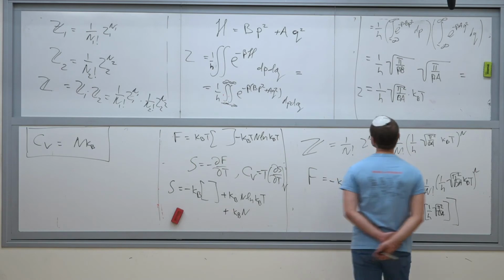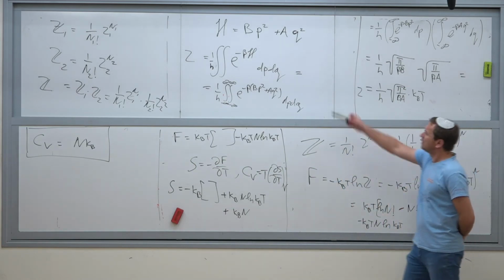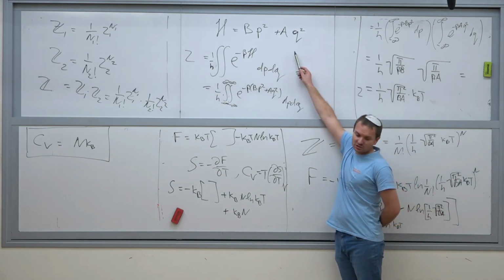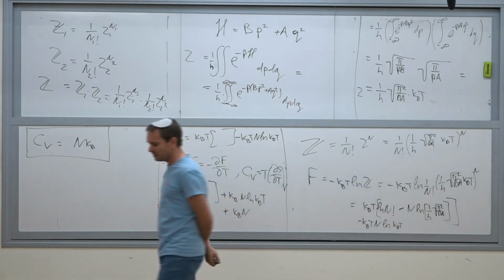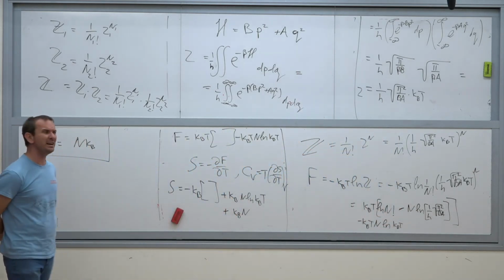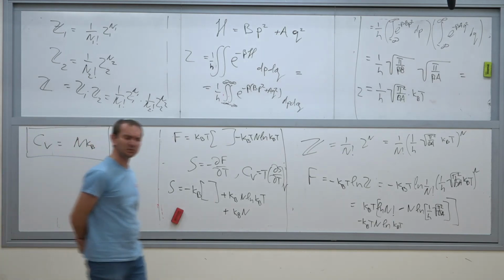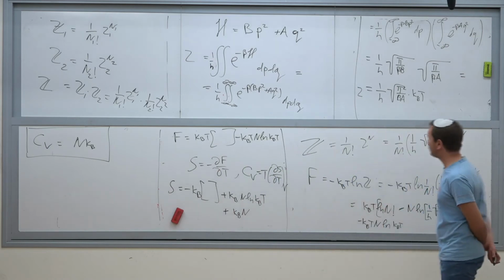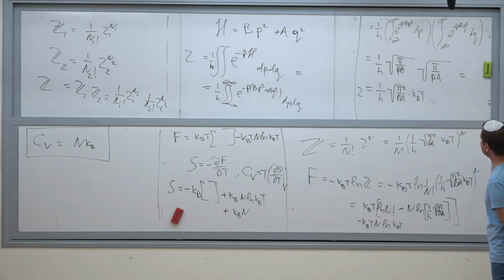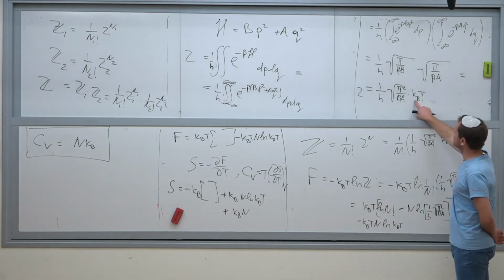The kinetic energy is always a quadratic function, but the potential energy sometimes is quadratic, sometimes it's something else. And in general, when we're going to very high temperatures, we don't really care about the potential energy at some point anymore. But what I want to show you is that what we had here is k Boltzmann T multiplied by k Boltzmann T.